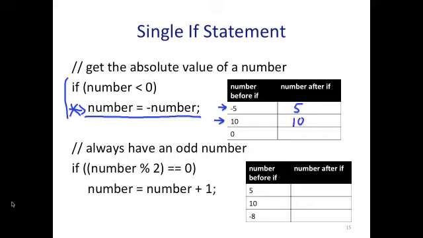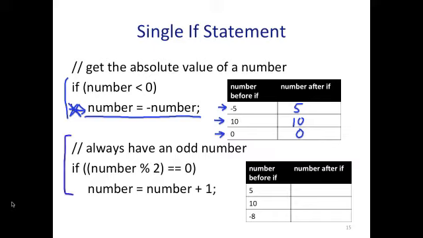And finally, remember, I said it's always good to consider the boundary cases. Here, 0 is a boundary case. So 0 is not less than 0, so this expression is false, and this statement is not evaluated, and 0 remains 0. So you can see that basically this if statement just inverts a number.